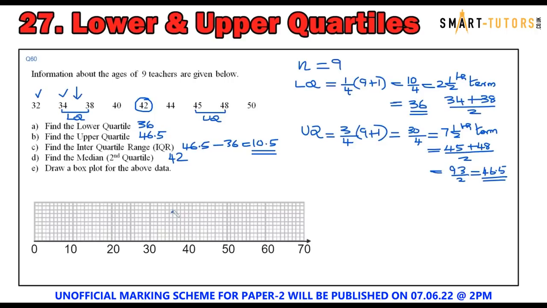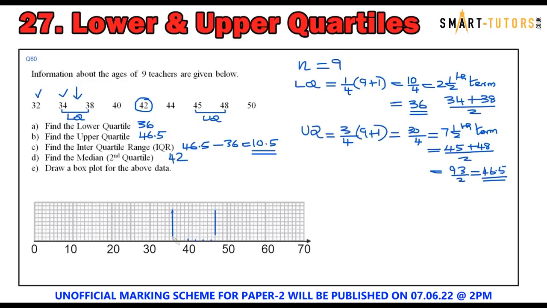We are going to draw a line from 36 to 46.5. Counting the numbers properly: 32, 34, 36, 38, 40, 42, 44, 46, 48, and this is 50. So 46 and 46.5, which is this line.